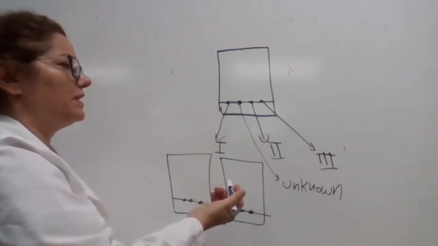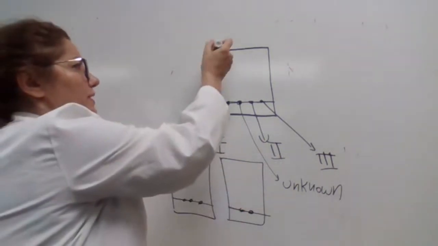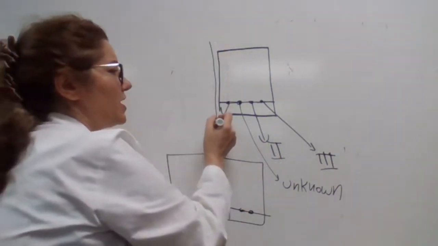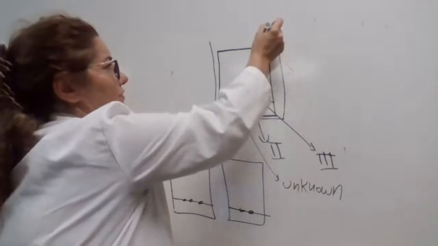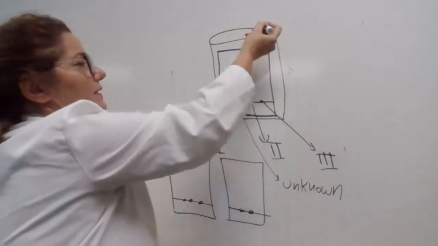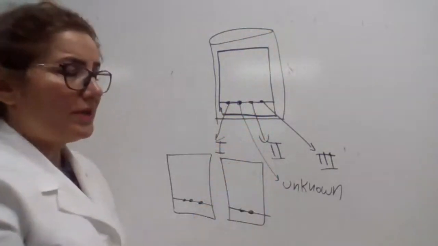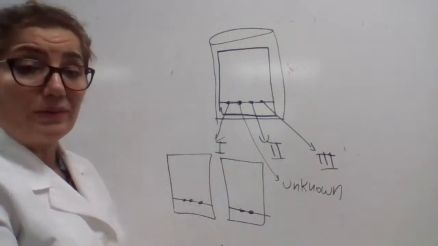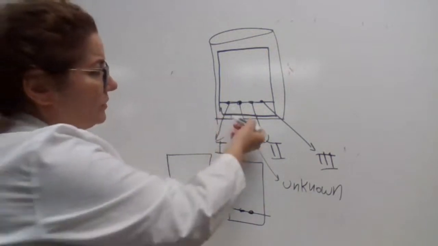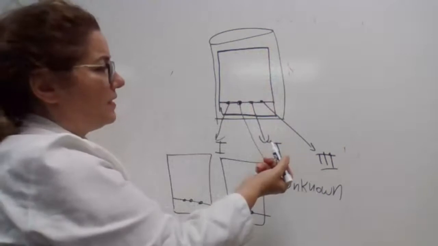for the TLC. Then you are going to place this in the developing chamber. What goes into the developing chamber? The developing chamber is going to have your solvent that is going to elute this or separate it.